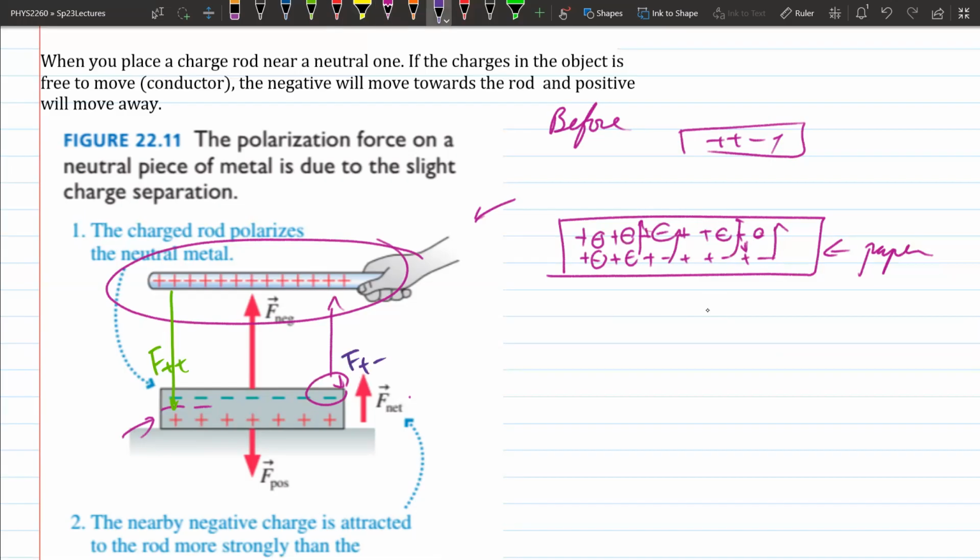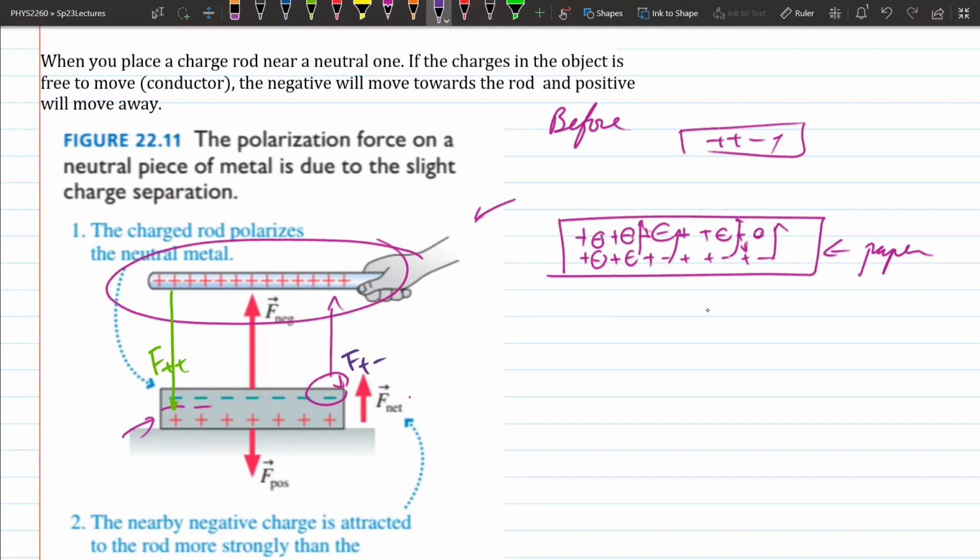Remember, when they're opposite sign, they will attract, and when they are the same sign, they will repel each other. But the minus charges are closer to the plus rod, where the positive charges are further away. So there's some sort of relationship between how far the materials are and how strong that force is.